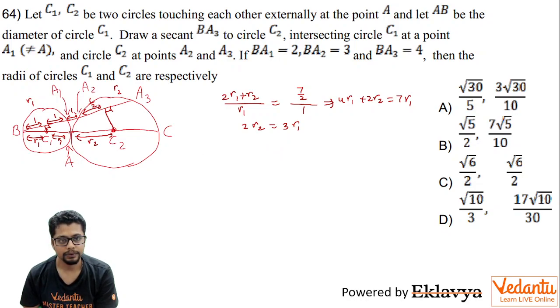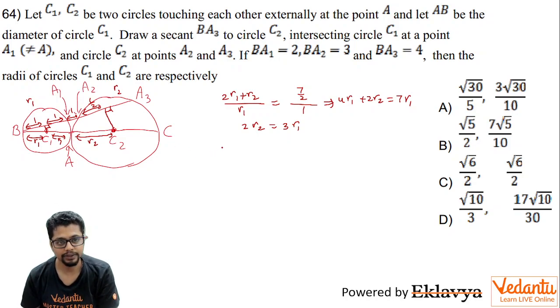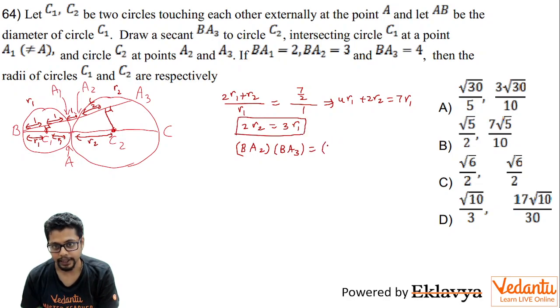Also, you can say BA2 times BA3 is equal to BA times BC. This is a property of circles.